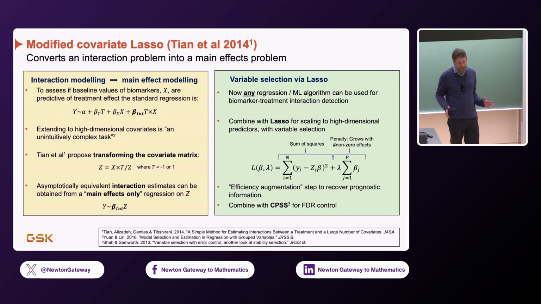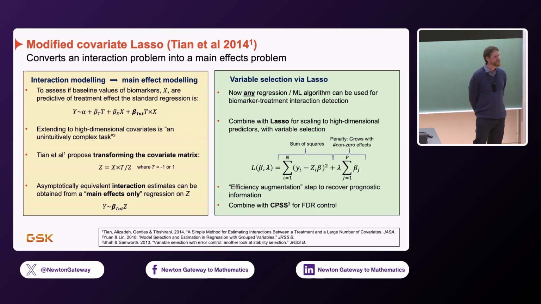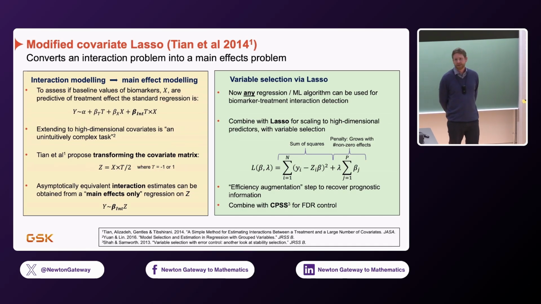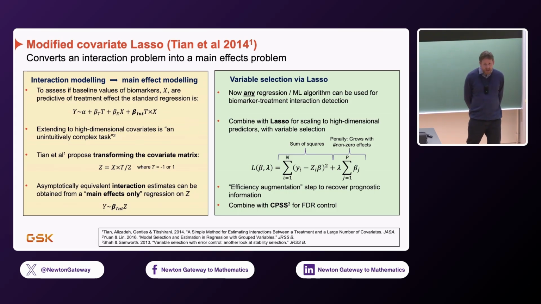We've measured a bunch of stuff at baseline in a randomized trial, and we're trying to understand what at baseline is predictive of future efficacy. And efficacy here I'm defining as the treatment versus randomized comparator benefit. So that would be a predictive biomarker as defined by the FDA.